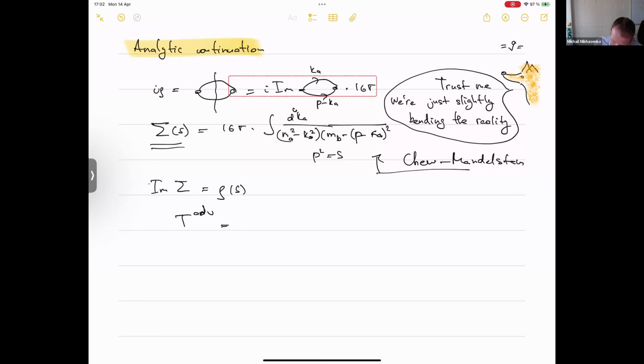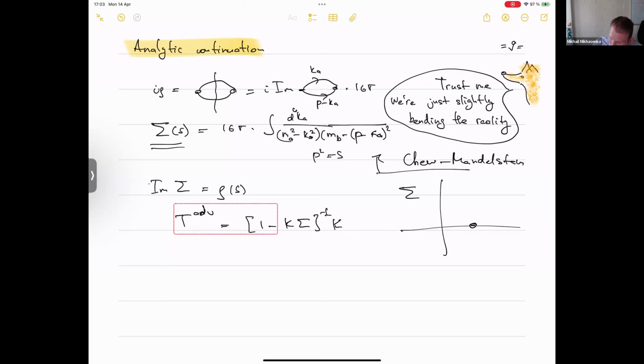The T, let's say advanced, is 1 minus K sigma, inverse, times K. And the analytic structure of sigma is interesting. Despite the fact that its imaginary part matches rho, it has a different analytic structure in the S plane.